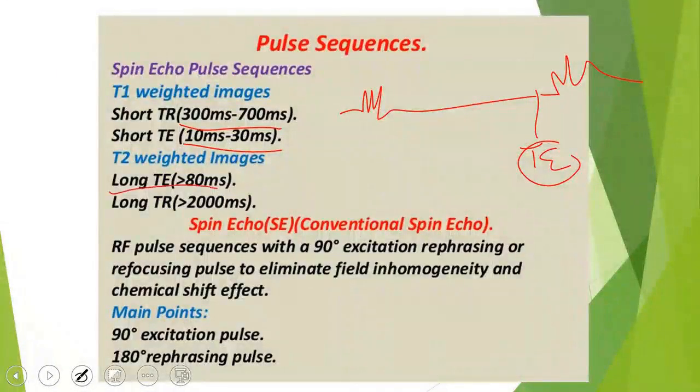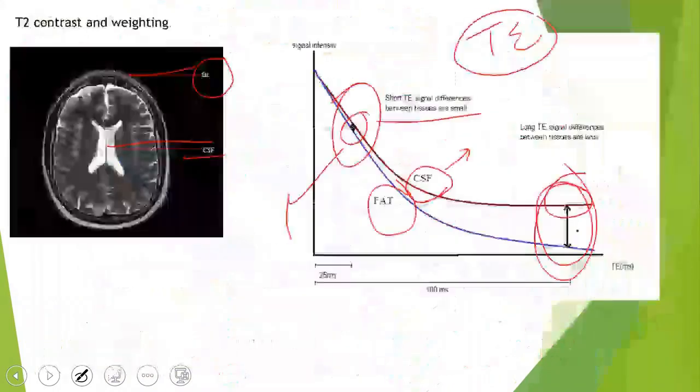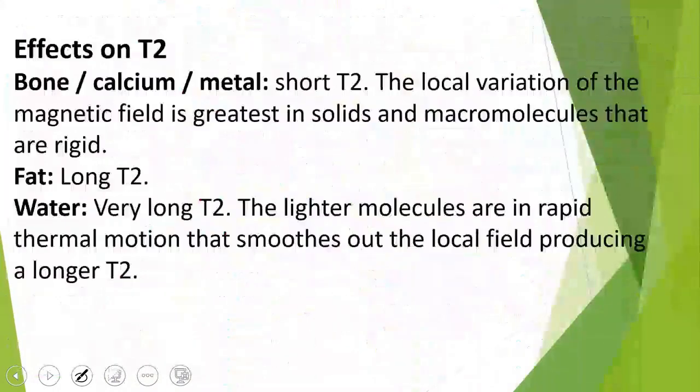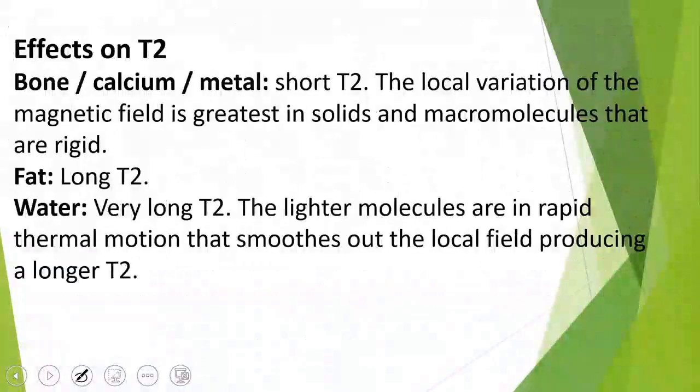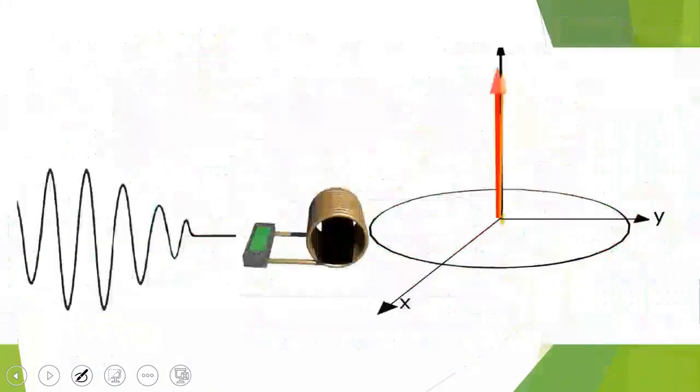T2 imaging involves using a long echo time and a long repetition time, both greater than 2000 milliseconds. This is a key parameter in MRI scans, ensuring that the images provide the necessary contrast and detail for accurate diagnosis.